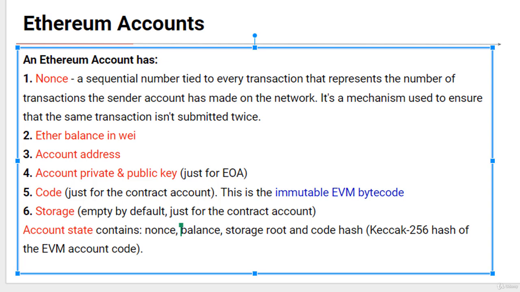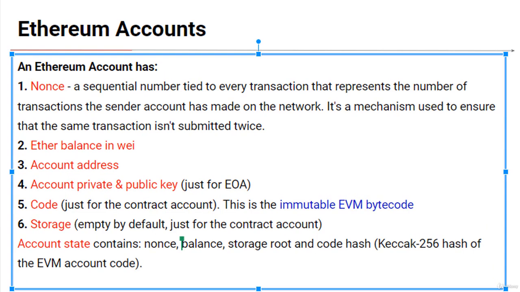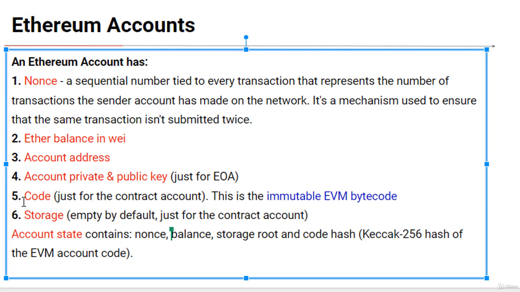Then every account has an Ether balance in wei and an account address. An externally owned account has a public and a private key pair, and the contract account doesn't have this pair. Then there is the code. Only a contract account has code attached. So this is the immutable Ethereum Virtual Machine bytecode that has been deployed.